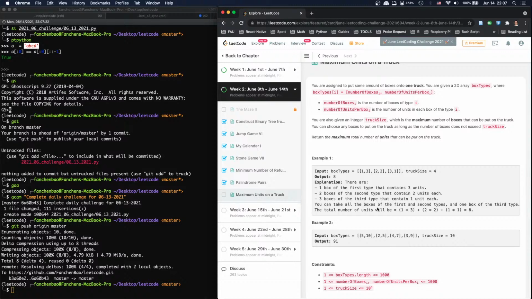Truck size is 10, right? So I say if I have 9 items in it already, right? I want to find the next one. So I can just go through all of them and then to see which one will give us the best.